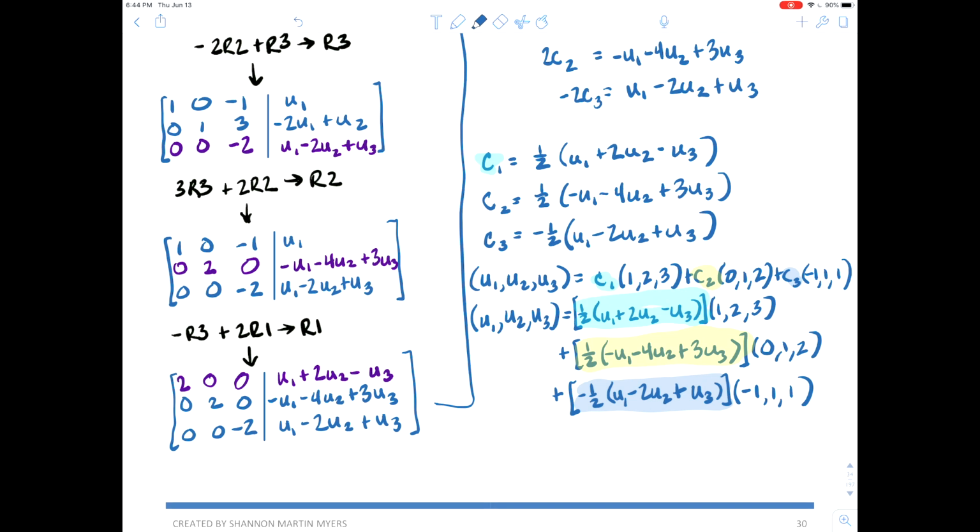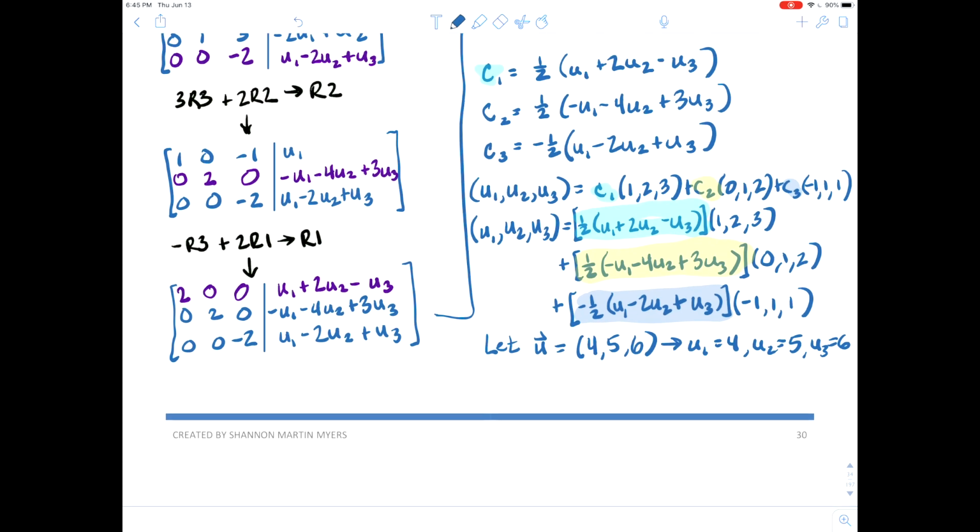So, all right, why don't we let u equal to some random vector? 4, 5, 6. How about that? Okay. So what does that mean? That means u1 is 4, u2 is 5, and u3 is 6. Does that make sense?